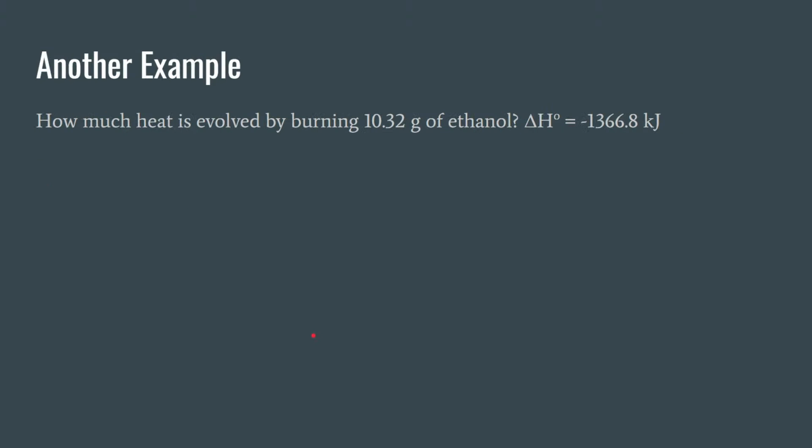So, how much heat is evolved by burning 10.32 grams of ethanol? The enthalpy of the reaction is negative 1366.8 kilojoules. Okay, so for this one, we're going to need our balanced reaction.